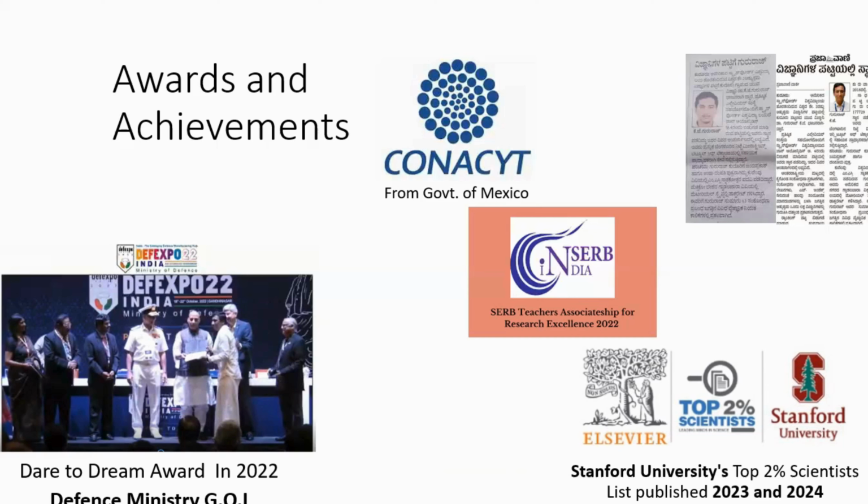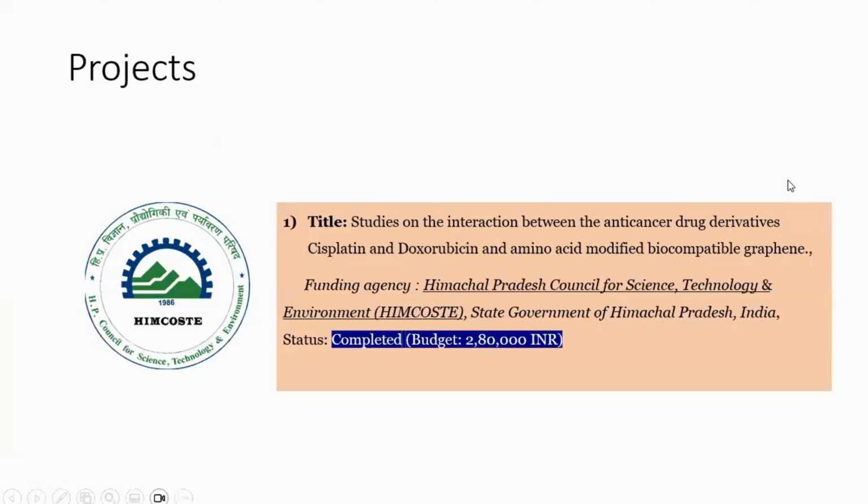They gave us a Day to Dream Award in 2022, and luckily these papers are cited very highly. As a result, we got the top 2% scientist award in 2023 and 2024. Some local newspapers also covered our research.